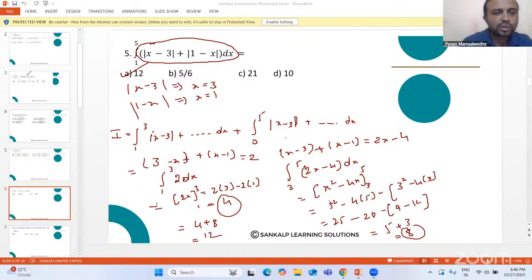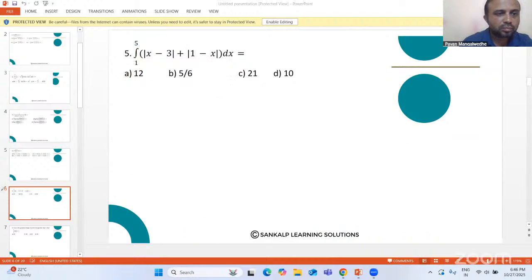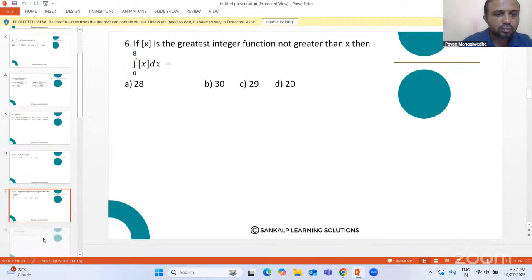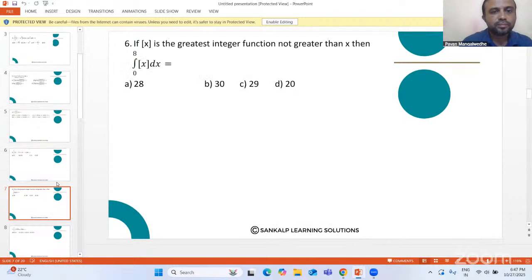Go to the next one. Question number 6. If x is the greatest integer function not greater than x, then the integration from 0 to 8 of x dx is what?